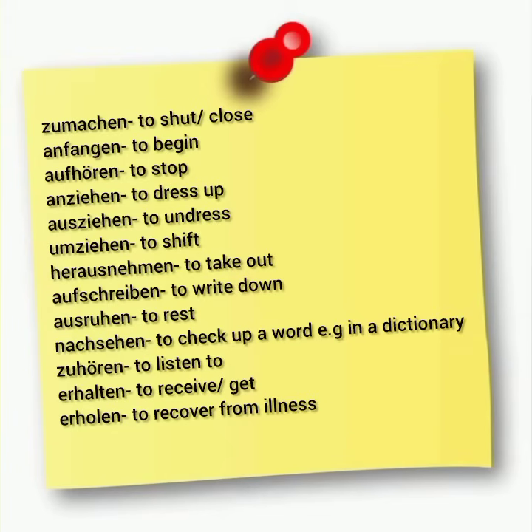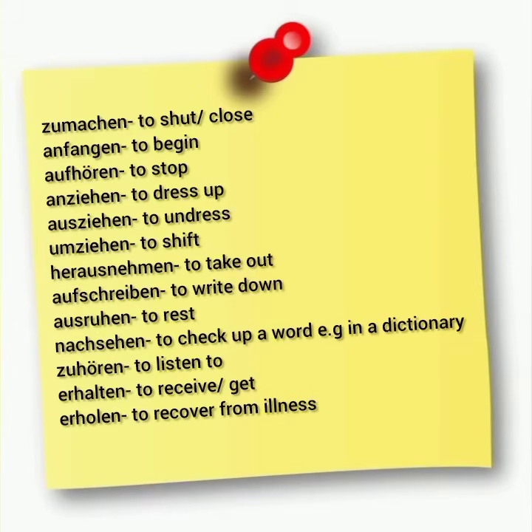Aufhören, to stop. Anziehen. Now, anziehen is to dress up. Ausziehen is now to undress. Then umziehen. Umziehen is to shift or to relocate, to move out. That is umziehen. Herausnehmen. Aufschreiben.